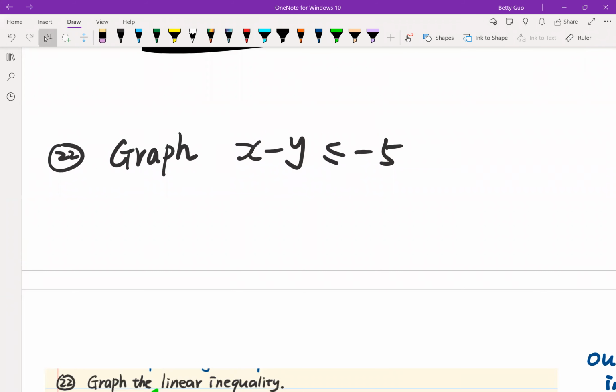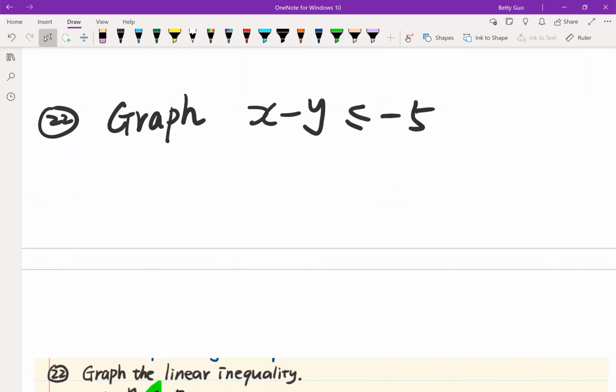Number 22. This one is a lot of work. We need to graph this inequality, a linear inequality in 2 variables. We did this maybe on Monday. I gave you 2 steps.